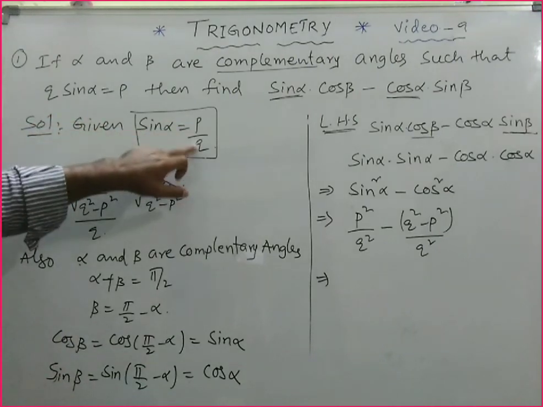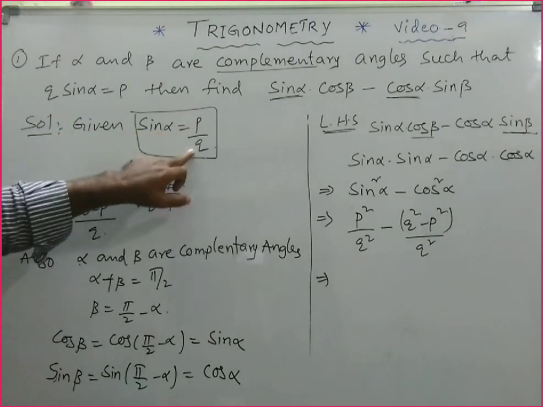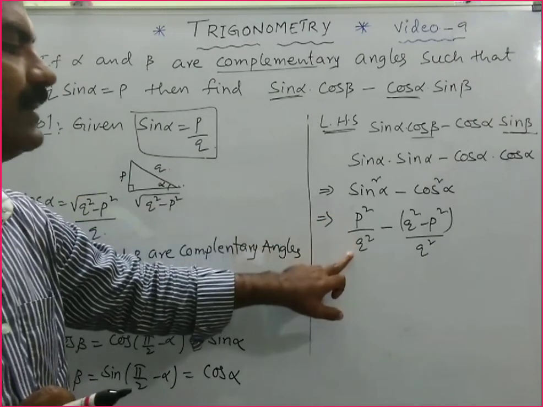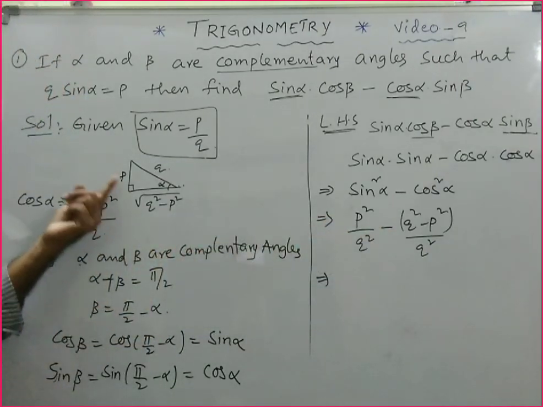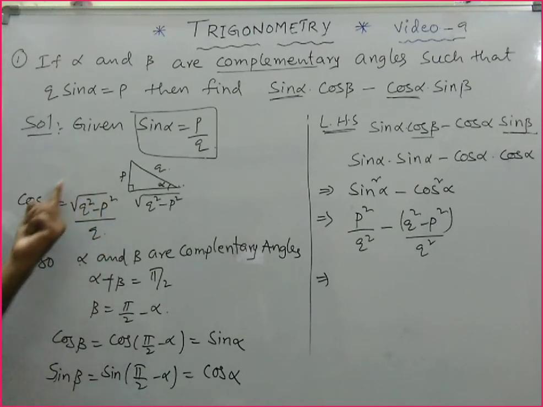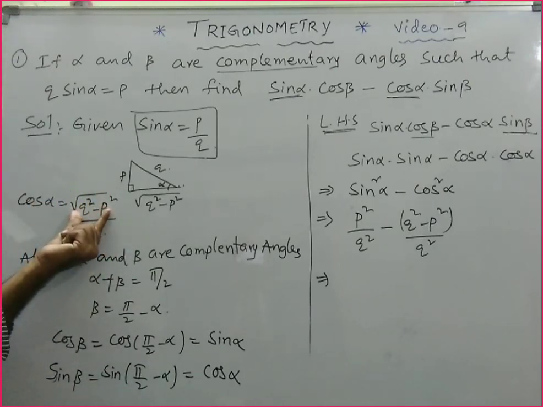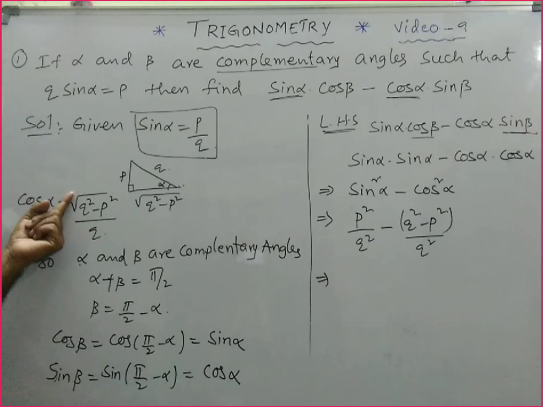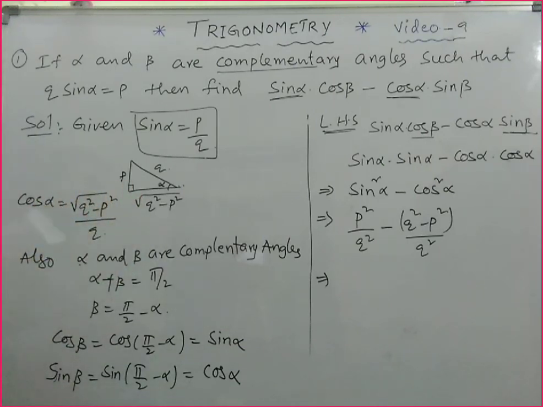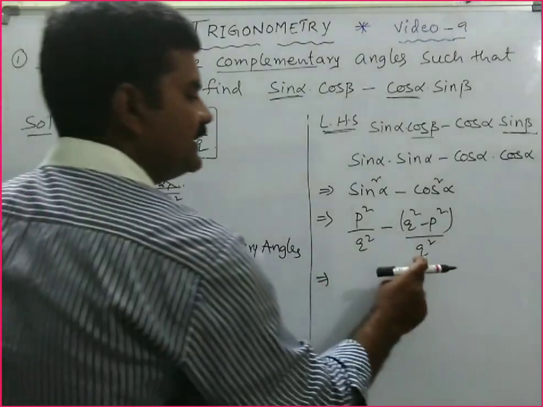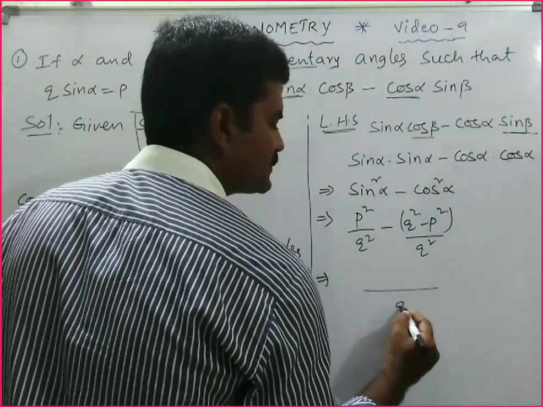Sine alpha is p by q, and its square is nothing but p square by q square, minus cos square alpha. On squaring, the square root gets cancelled, hence q square minus p square by q square. Now look at the denominator, it is the same here, q square.